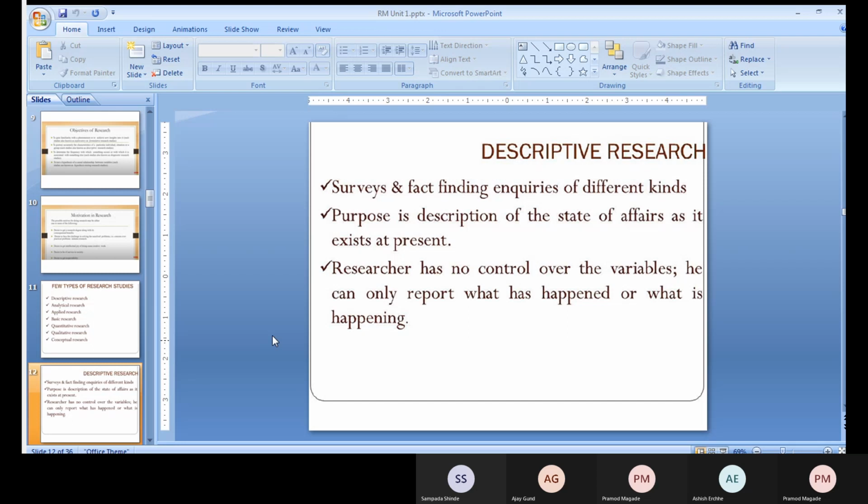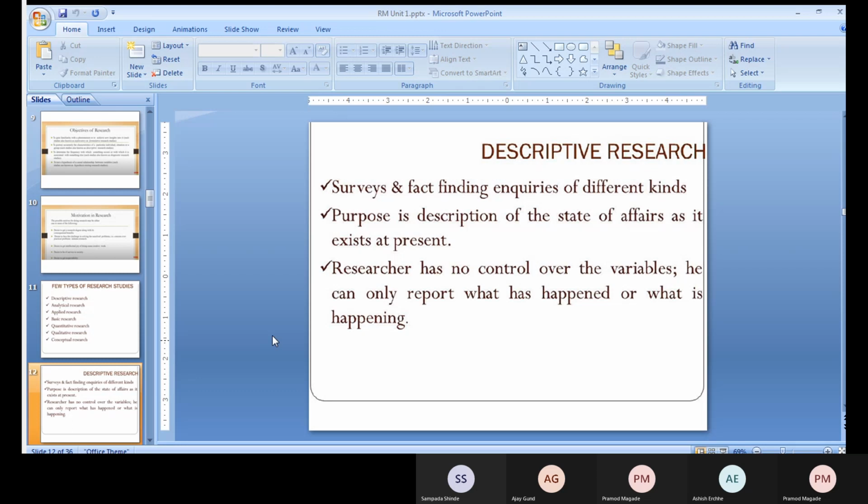Now here it is very important: the researcher has no control. This statement is very important because suppose I am doing a descriptive study, my role is only finding the variables. I don't want to check that variable experimentally. Understood? Suppose some researcher has thousands of variables.